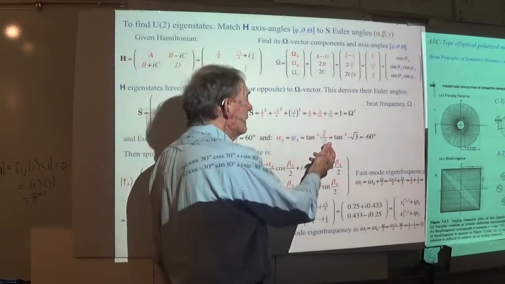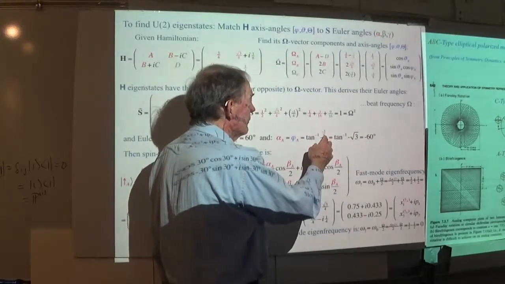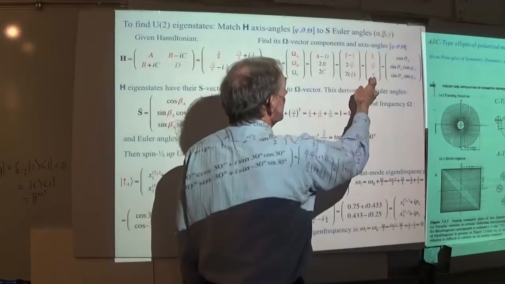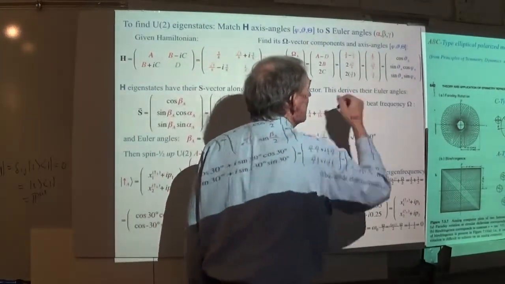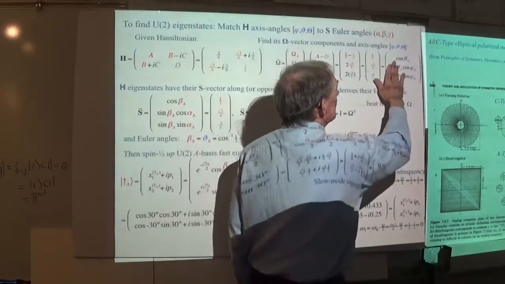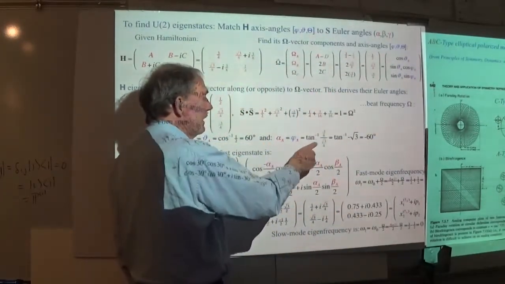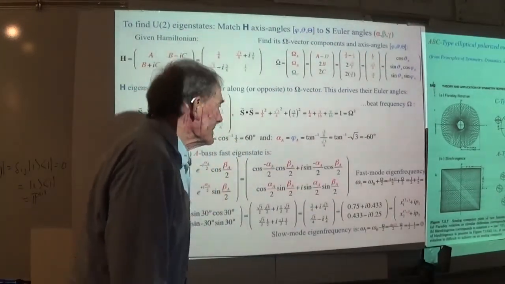Y is our c, x is our a, okay? So that minus 3/4 comes out here, and you just divide those two right there, so that I get the cancellation of that and a tangent for the azimuth. So the azimuth angle is minus 60, okay?